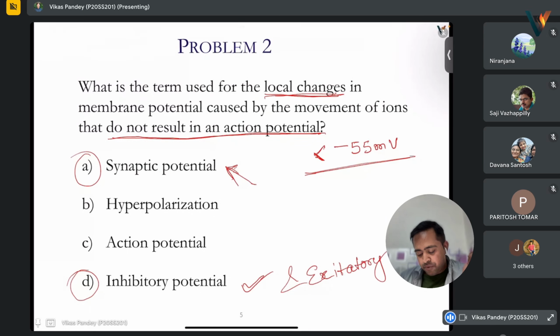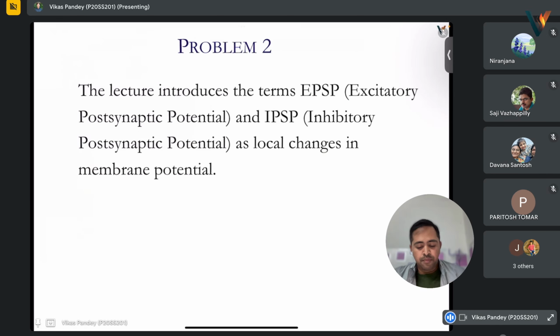Both together are called synaptic potential. Clear? We are talking about two terms, EPSP and IPSP, and both occur at the synapse, and these together are called synaptic potential.